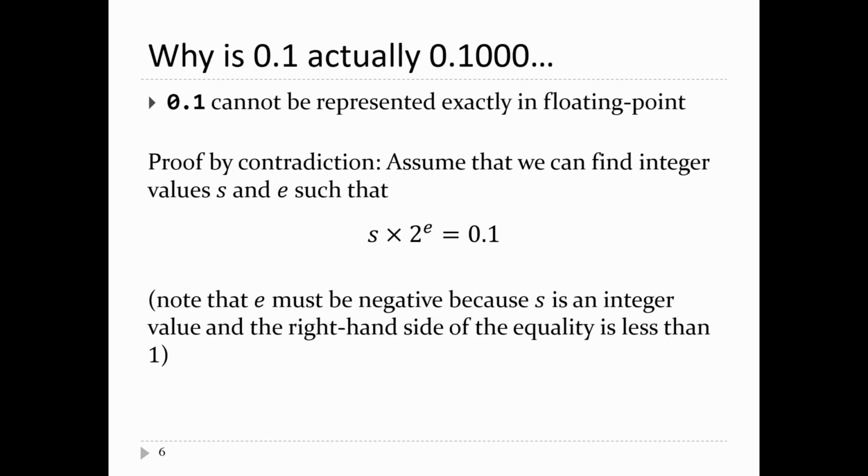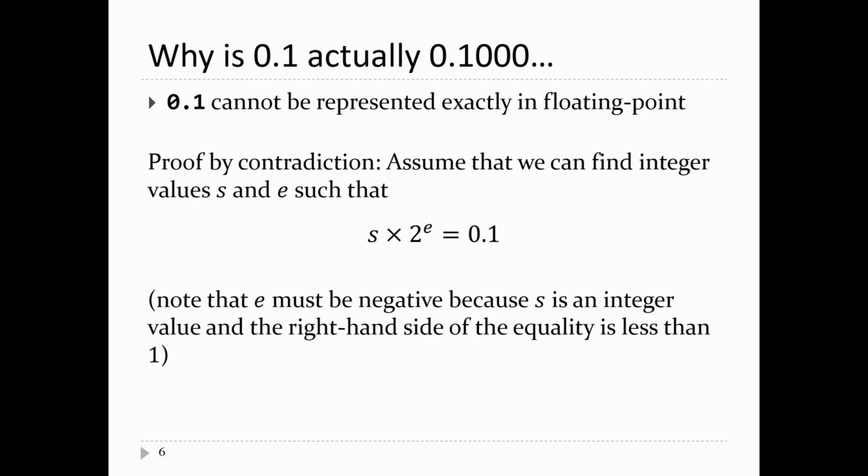All right, so why can't you represent 0.1 exactly? Why is 0.1 not 0.1, why is it 0.1000000 blah, blah, blah? The answer is because you cannot write 0.1 like that if s and e are integer values. You can easily prove this by contradiction. Let's assume that I can find some integer s and some integer e such that this expression is true.